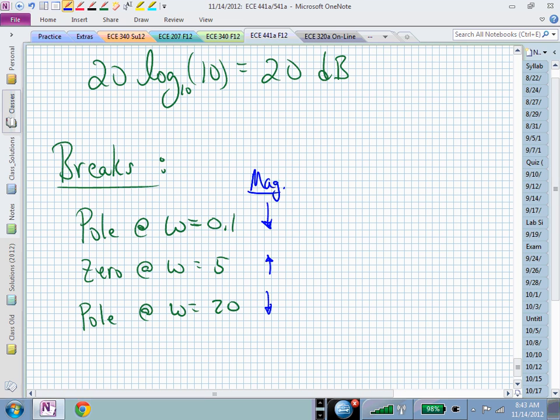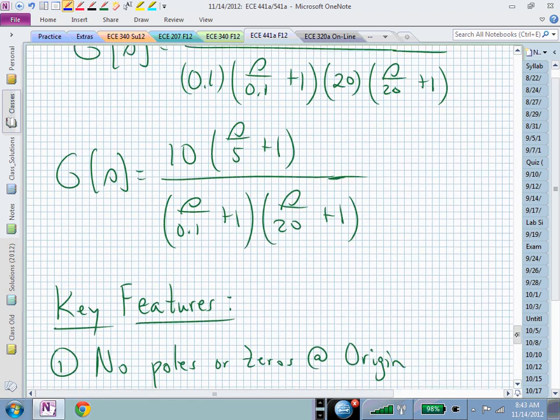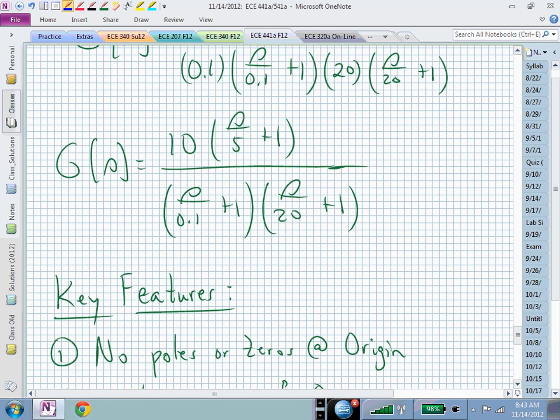So our phase, due to that pole, is going to be, well, we know where we're going to end up, and where did we start? What's our phase at DC? Zero. So now we're starting at 0, we start to go down, then we level off, and it all starts kinking and getting a little bit quick because our poles and zeros are not that far separated. So some will be turning on when some are turning off, etc.